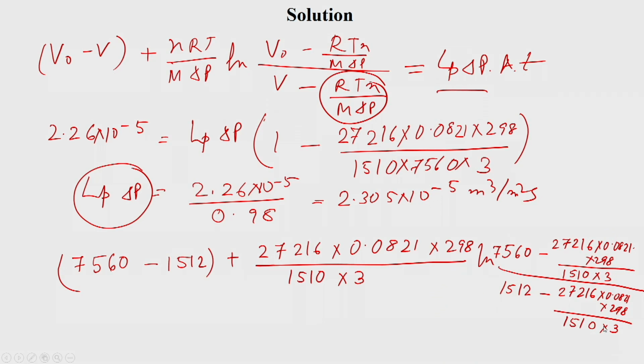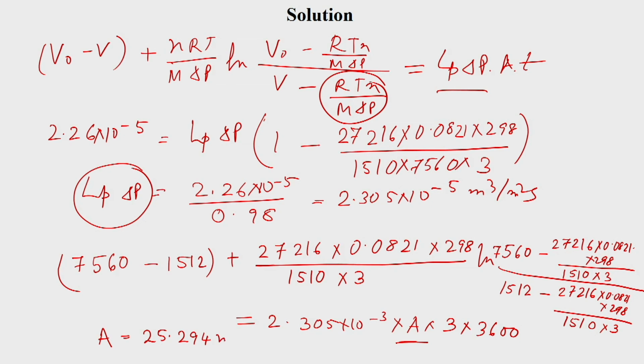So, from here we will be getting this. Here you see, L P into delta P is obtained as 2.305 into 10 to the power minus 5, into area, into time, which is 3 hours into 3600 seconds. So, the area A will be equal to 25.294 meter square.